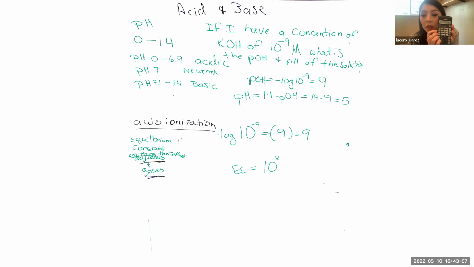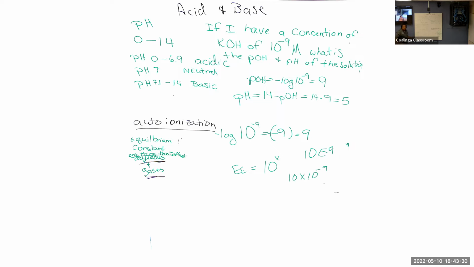But if you put 10, then EE, then minus 9, that's an extra 10. That's the same thing as 10 times 10 to the minus 9. You want to put 1 times 10 to the minus 9, or 1 EE minus 9, or 1 EXP minus 9.